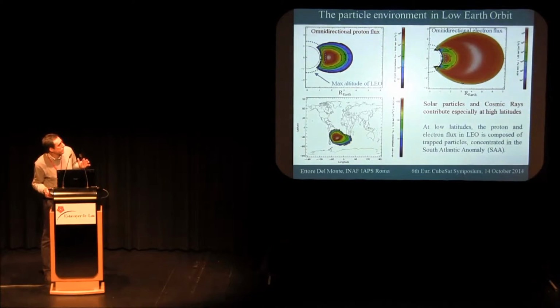So you can see from these diagrams that these orbits are really at the bottom edge of the particle belts. In addition, the distribution of these particles in geographical coordinates is given in the bottom left, where you can see the famously known South Atlantic anomaly, which is centered broadly on South America.